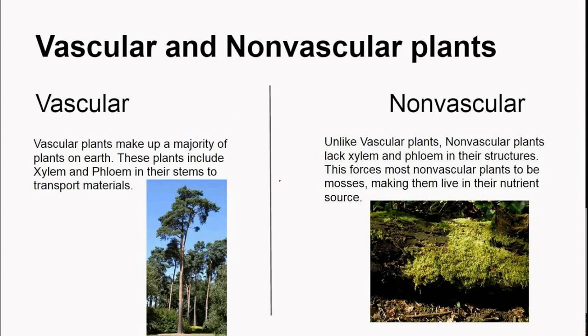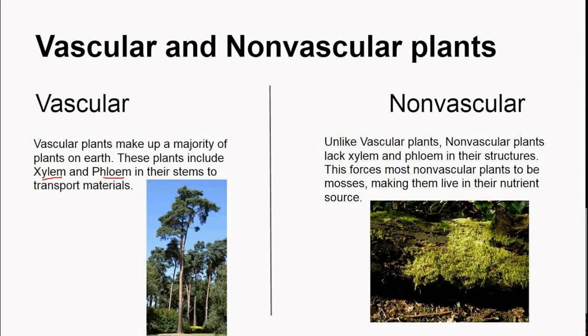This is a quick comparison between vascular and non-vascular plants. We said that vascular plants will contain vascular tissues like most of the plants on earth. These plants will include xylem and phloem in their parts, especially in the stem, to allow the transportation of water molecules and nutrients.